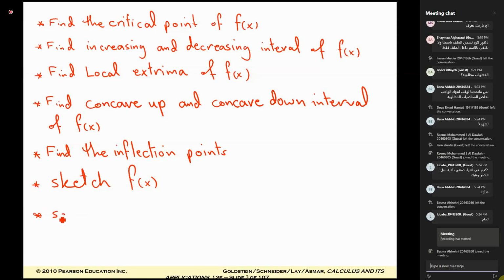Solve optimization problems. These are the main subjects in this chapter.